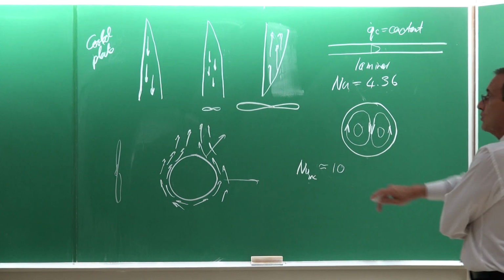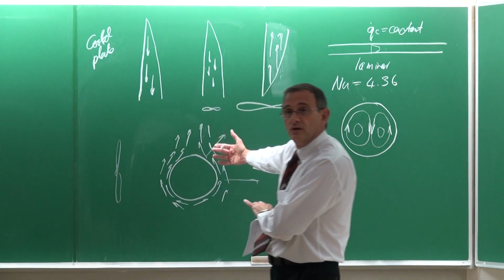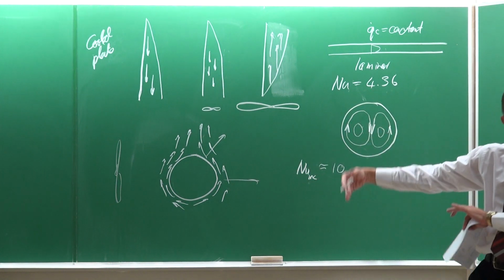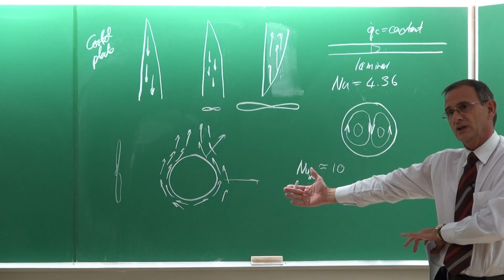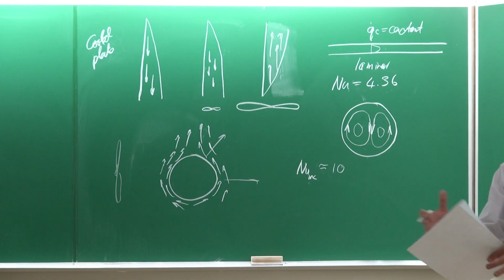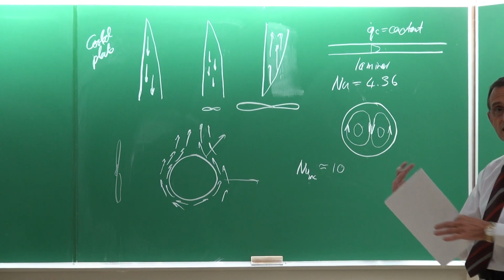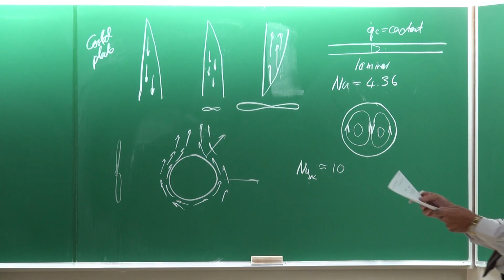Now in your textbook, only one paragraph is being considered on mixed convection. And you can write another textbook on its own on mixed convection. So you're just being introduced into the subject. And if you get this in industry, again, you will have to go and look at literature and get some more information.